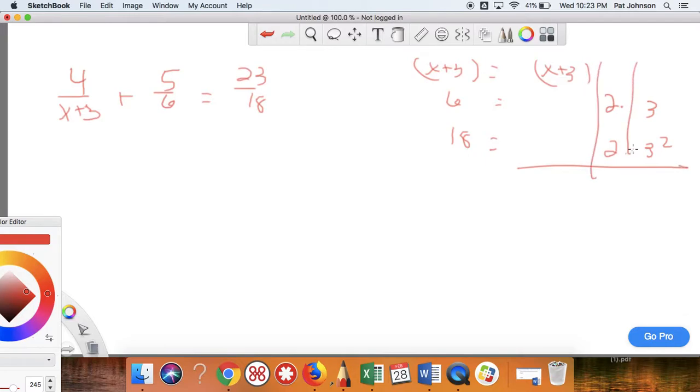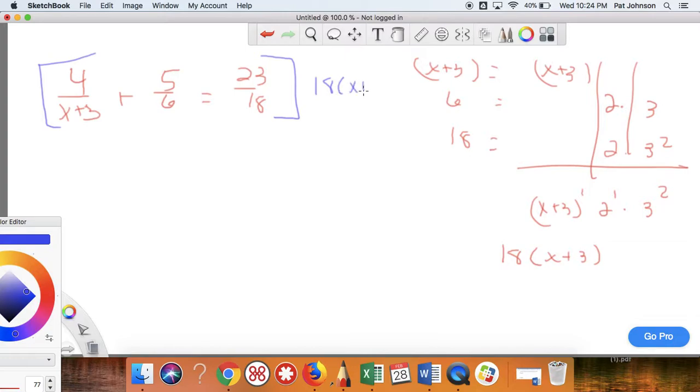So I have x plus 3 times 2 times 3, and take the highest powers. 2 times 3 squared is 18, so my LCD is 18 times x plus 3. I'm not going to multiply that out. I'm going to take the entire equation and multiply by 18 times x plus 3. That means I have to distribute to each term of the equation, of which I have a total of 3.